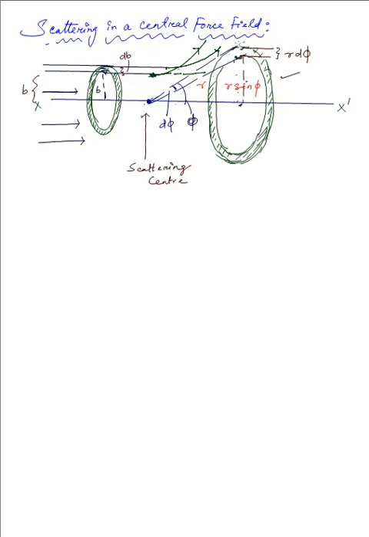So this complete angle for the deviation from its original path is phi, while the angle between those two alpha particles is going to be d phi, the smaller angle.